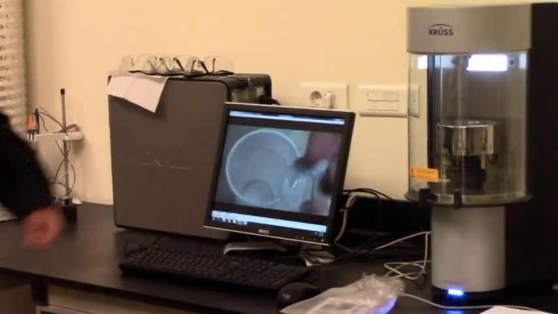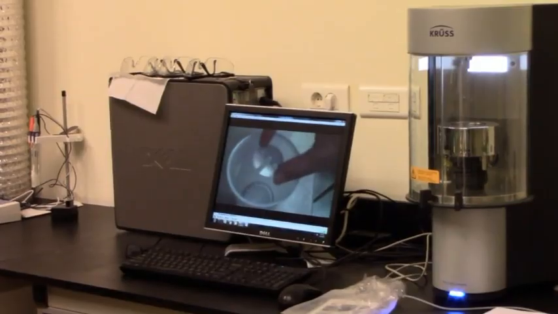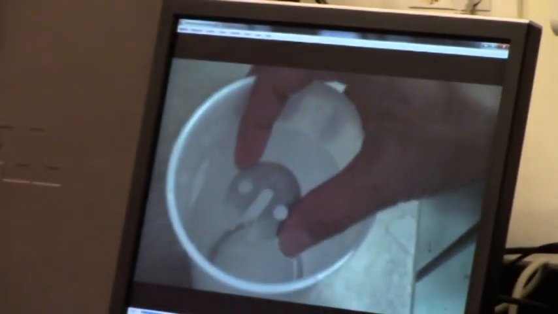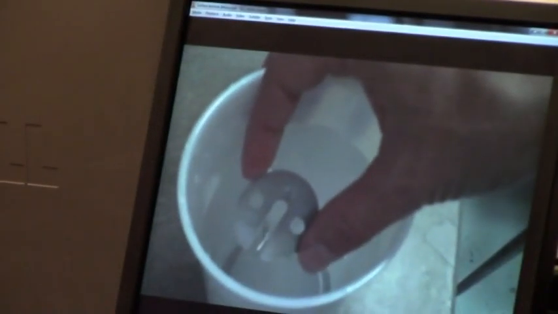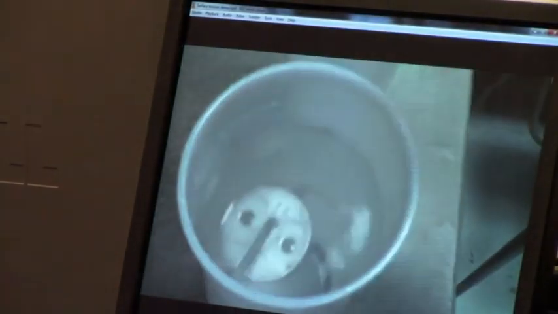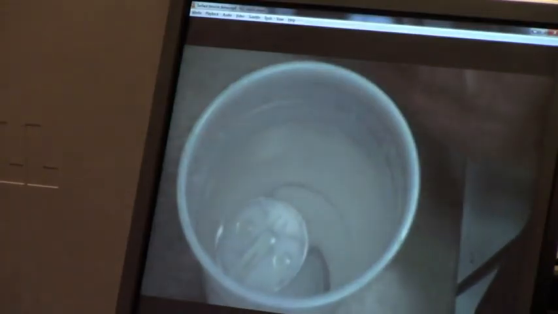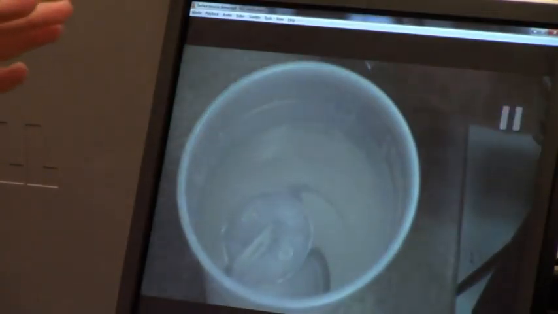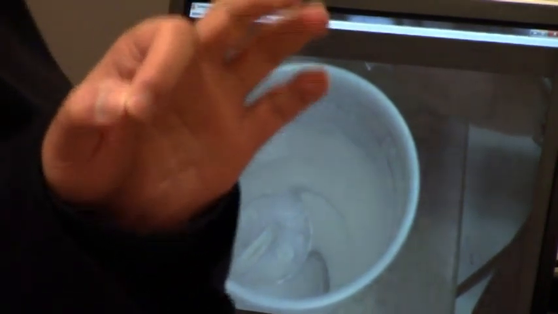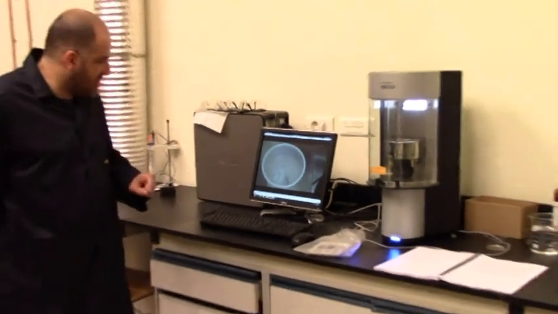Another example is placing this metallic sheet that is cut this way, maybe to reduce its mass a little bit. It is gently placed on the surface of water and it's floating. We may think it is floating because it has a smaller density, which is not true actually. Why is this?